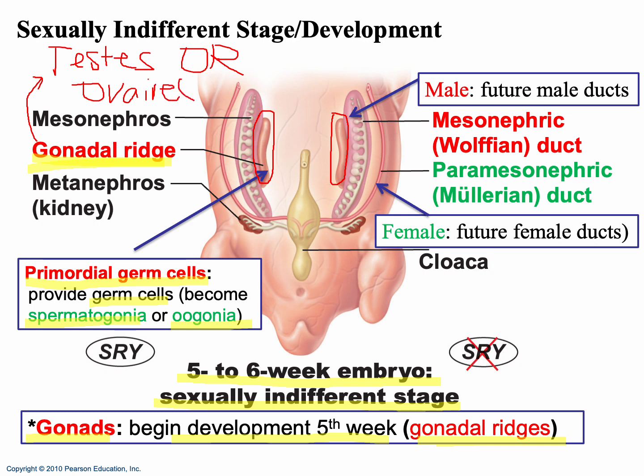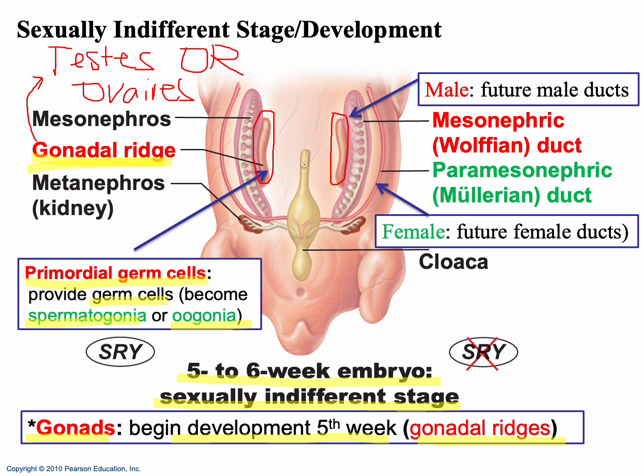And that makes sense because, of course, sperm is being developed within the testes. Ovaries is where the eggs are being produced. So the gonadal ridge is what this structure will evolve into. If it's going to be a male, testes; female, ovaries.